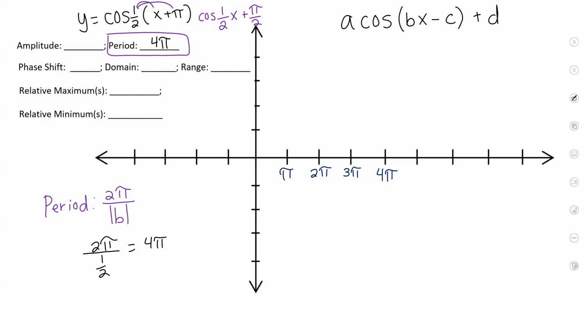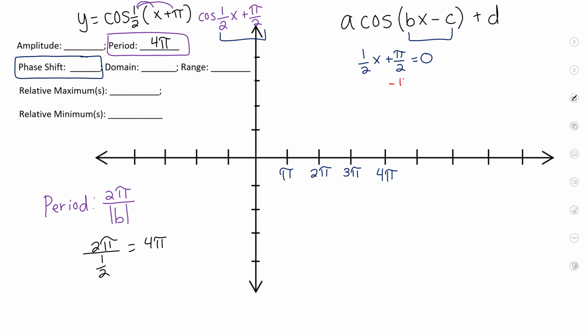Okay, now let's talk about phase shift. The way you find phase shift is you set bx minus c equal to 0 and solve it. So in my case, this is my bx plus c part right here. We're going to set that equal to 0 and solve. So that's 1/2 x plus pi over 2 equals 0.